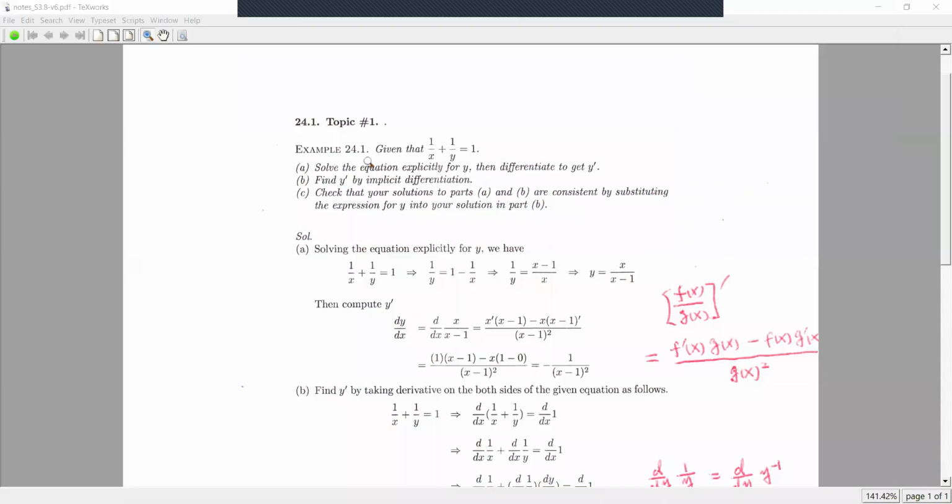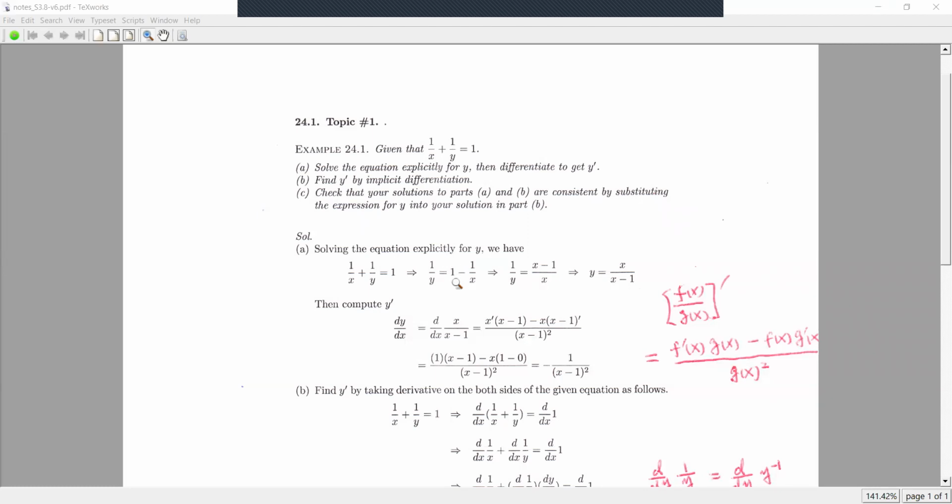Now, example 1. Given this equation, part A, solve the equation explicitly for y, then differentiate to get y prime. This is the given equation. Now we solve the equation for y, move 1 over x to the right hand side, then we have this equation.